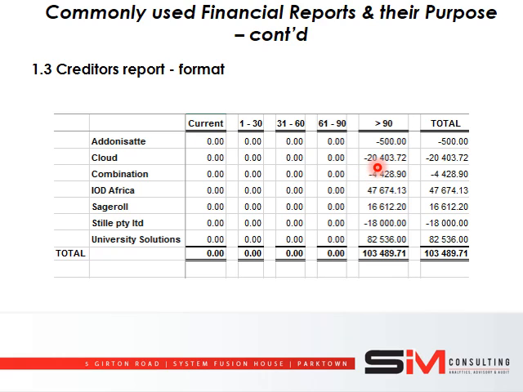In a case where your creditors report shows a negative, in this instance it says negative 500, it is a good trigger for your business because it would imply a number of things. One, it could imply you have paid as a business for goods before you take delivery.